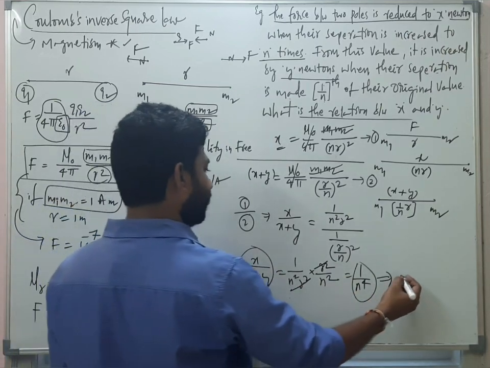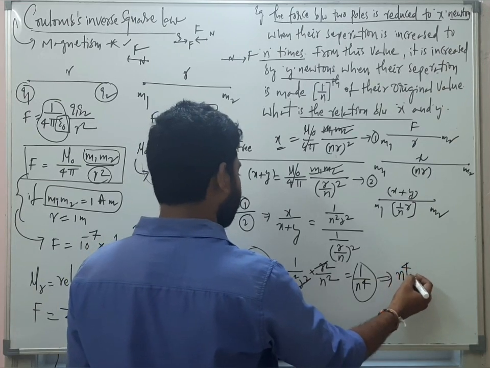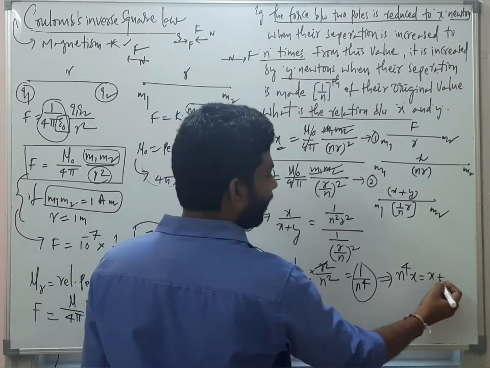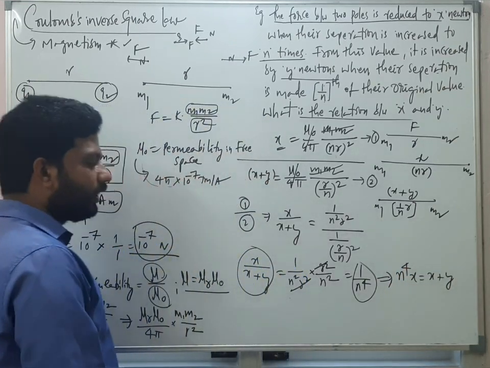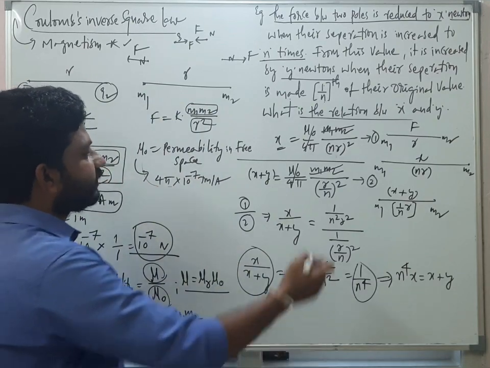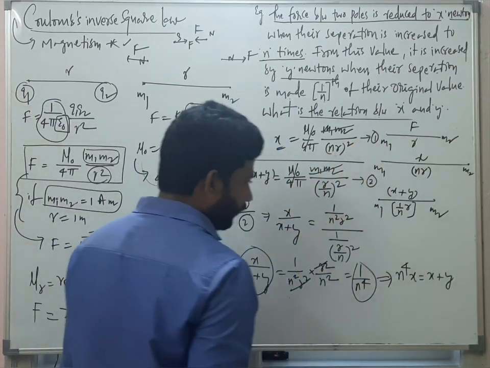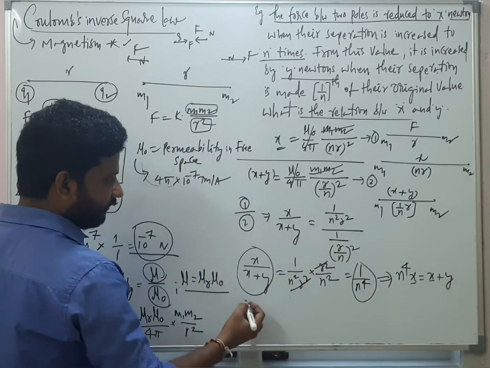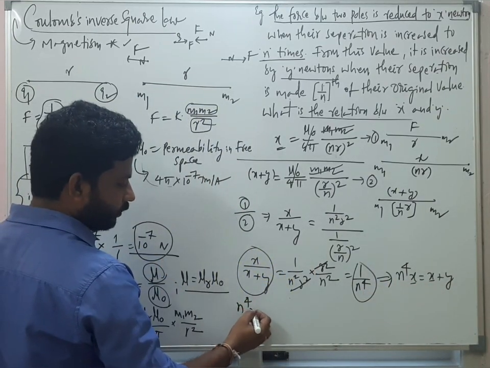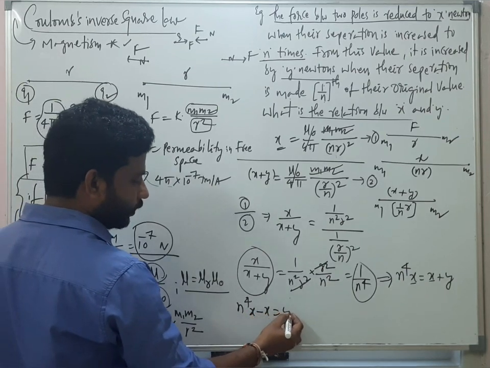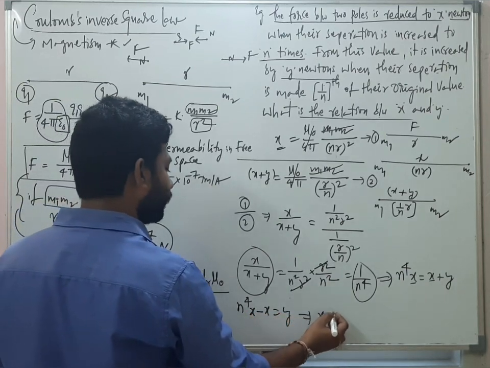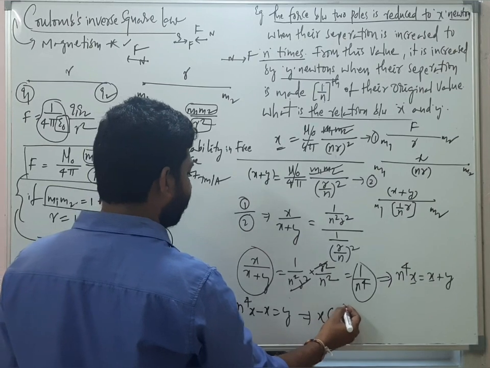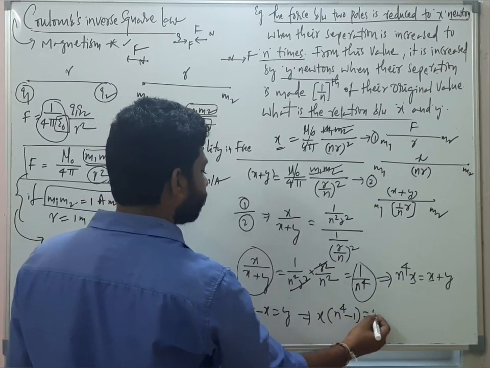Just cross multiply here. n to the power 4 into x is equal to x plus y. The question is the relation between x and y. So this x, let's take to the left hand side. n to the power 4 into x minus x is equal to y, and from here if you take x common, it will be x into n to the power 4 minus 1, which is equal to y.